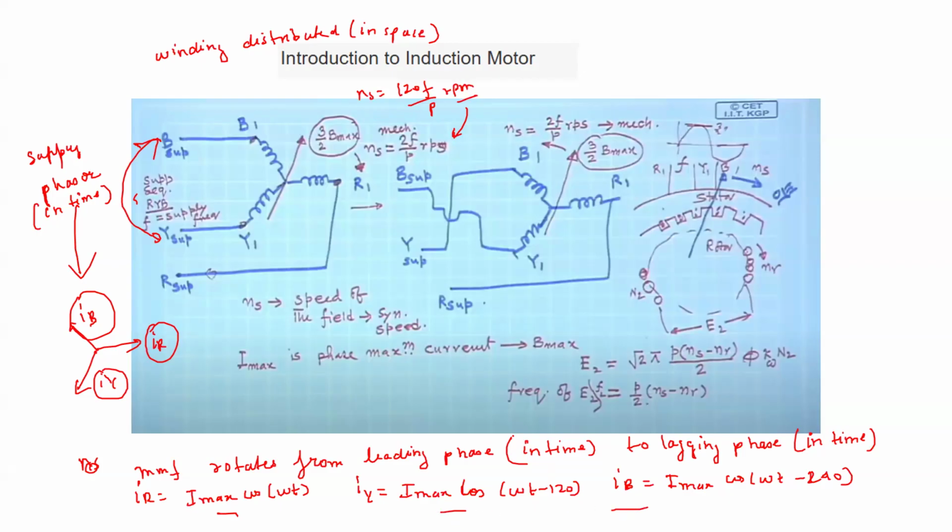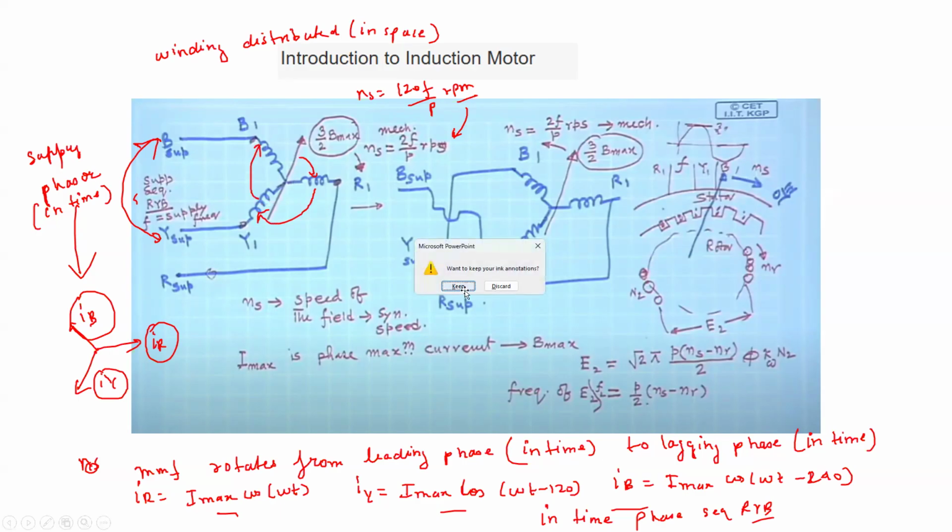This is what I mean by leading phase in time: the phase sequence in time is R Y B. Now we have given the R phase here, but the Y phase we are giving here. So the MMF will first go to the R phase, then from the R phase it will go to the Y phase, and then from the Y phase it will go back to the B phase.